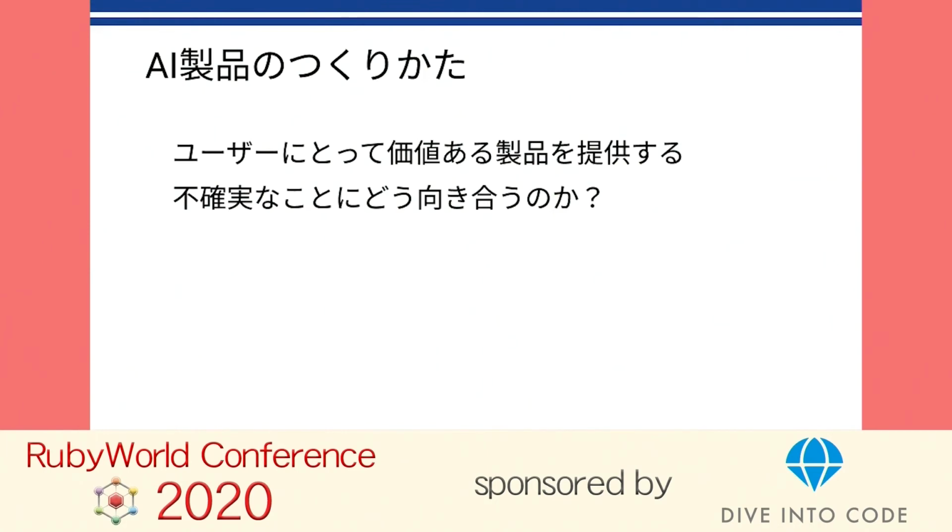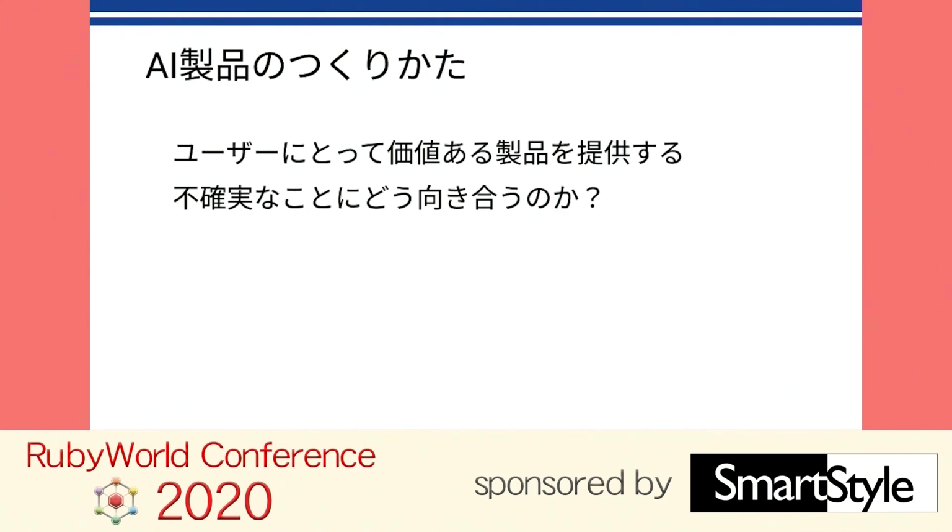So to create those AI products, how do we produce an AI product? What do we care about? What we think is important is to provide value from the users' perspective.